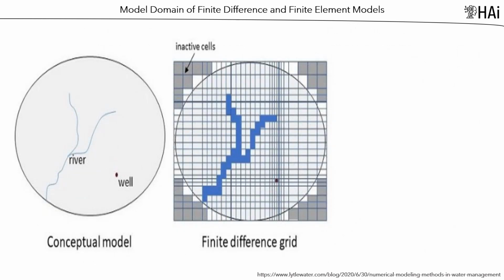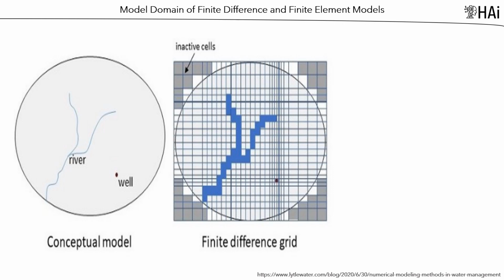In the case of the simulation of surface flow in a river, in which there is a well, the figure shows how a real-world situation is conceptualized in the mathematical model, and how the river and well are represented in a FDM model using a finite difference grid, with greater resolution near the well. Due to the shape of the cell, rectangular or square, the FDM model domain often expands beyond the model area.